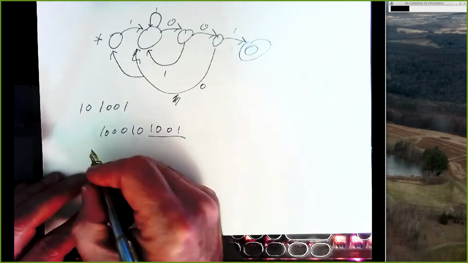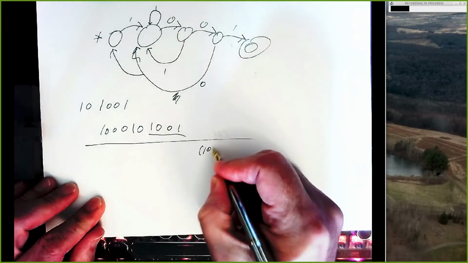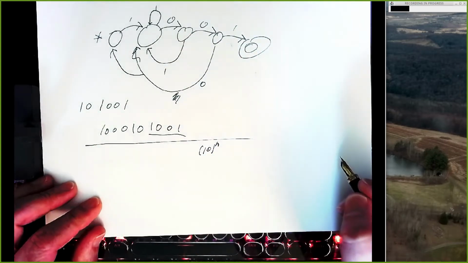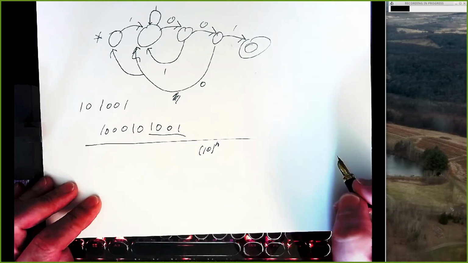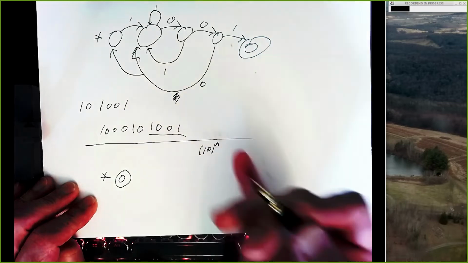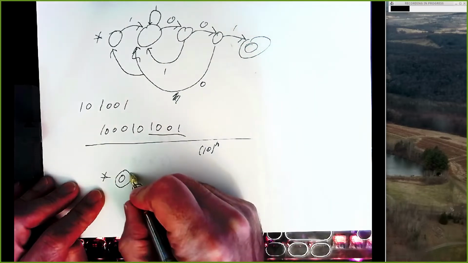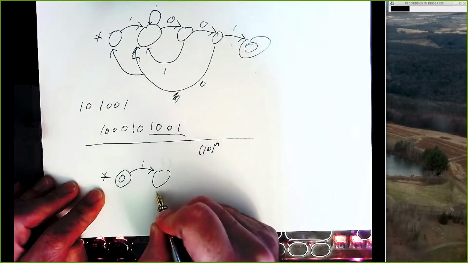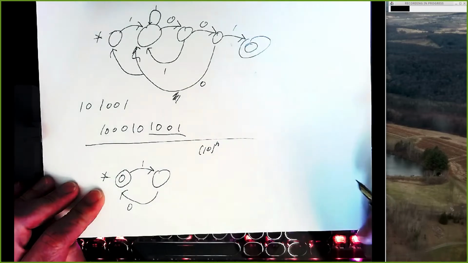Same idea, if you want to recognize any repetition, including no repetitions of 1 followed by 0. So our initial state is recognized because that's lambda, that's an empty string. And if we have a 1, we come over here, and if we have a 0, we go back here.